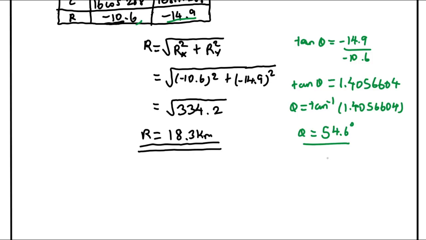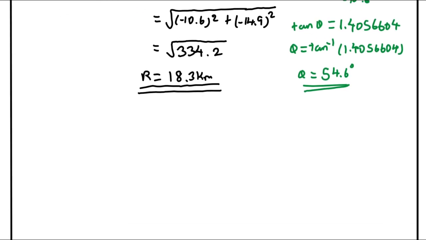Okay, now that we have theta is equal to 54.6, to find the actual direction in which the police have to move, we have to look at the values of Ry and Rx. Ry was negative 14.9, Rx was negative 10.6.